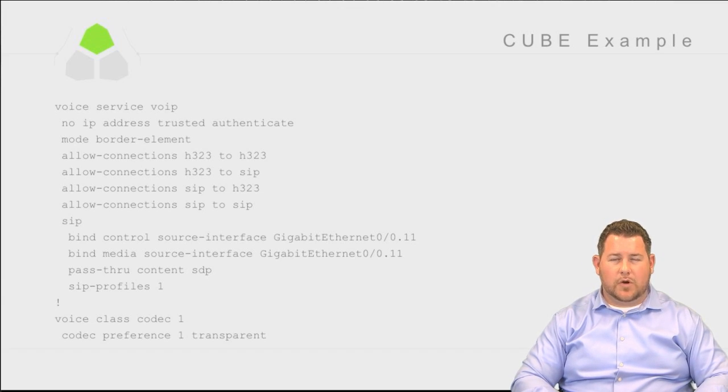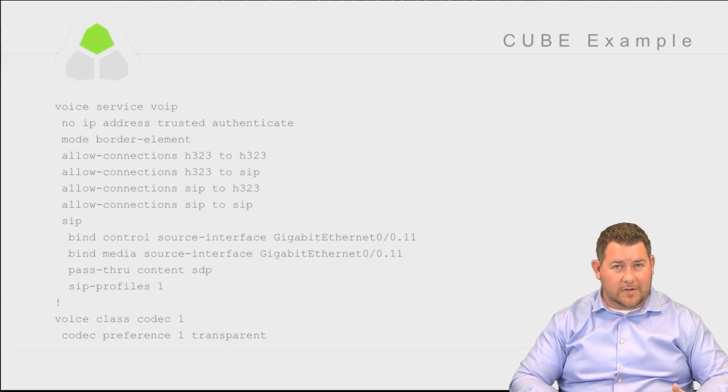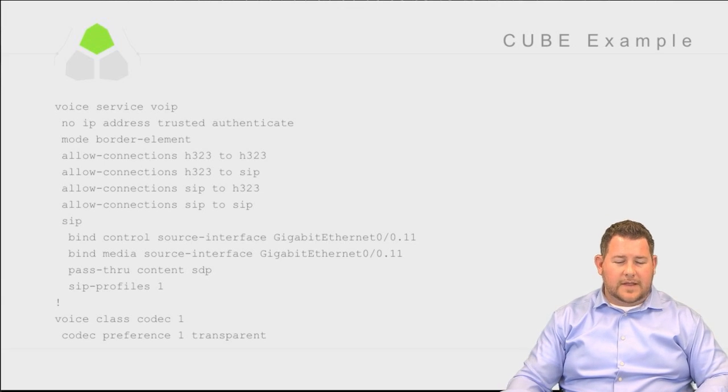We've got to put our mode border element command on, and that's going to enable the use of this router as a CUBE, as a Cisco Unified Border Element. We would then reboot the router. Remember, we have to do that. And then there's all these allow-connections configurations in here: allow-connections h323 to h323, h323 to SIP, SIP to h323, and SIP to SIP.